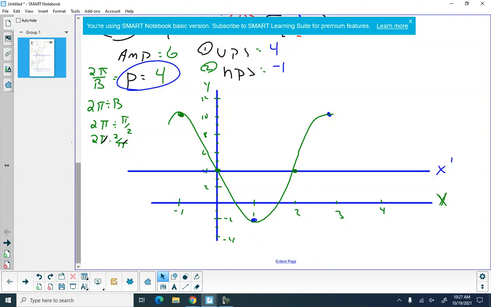Wherever we cross the prime axis, we have our vertical asymptotes. So at 0 and at 2.